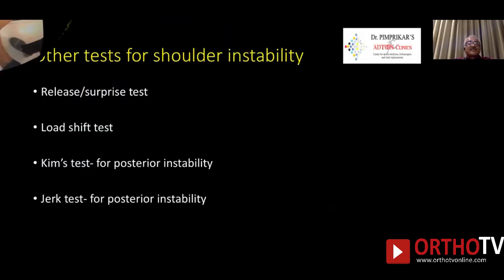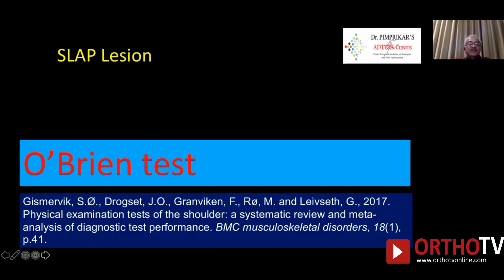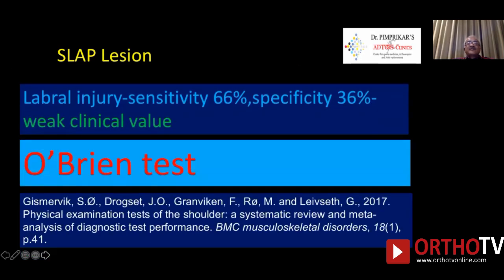Other tests for shoulder instability are release of surprise test, load shift test, Kim's test for posterior instability, and jerk test again for posterior instability. There is another common lesion which we come across in athletes, and that is a SLAP lesion. O'Brien's test is of weak clinical value with a specificity of just 36%.